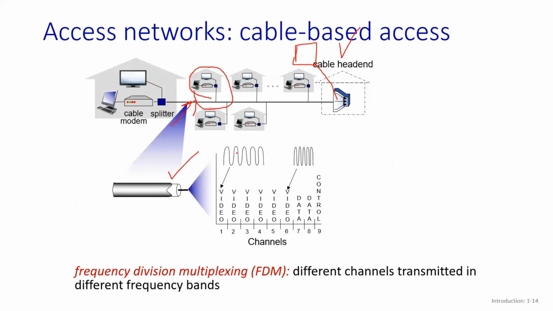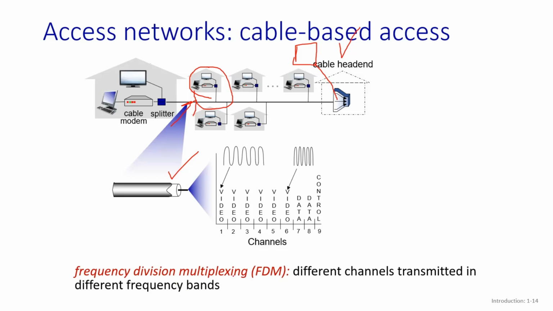Okay, since we have already discussed that the same cable is used to transmit both the data and the analog signals, how are these signals separated from each other? The answer is frequency division multiplexing, FDM. We have different frequencies set for different signals. We have one frequency for the transmission of data, whereas we have a different frequency for the transmission of analog signals.